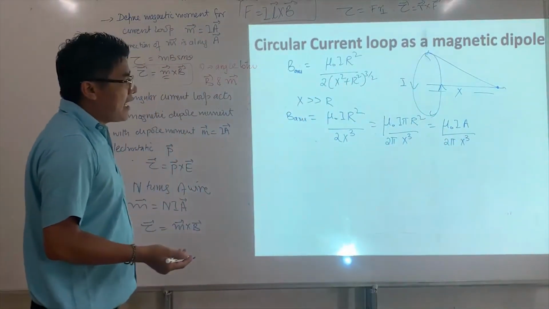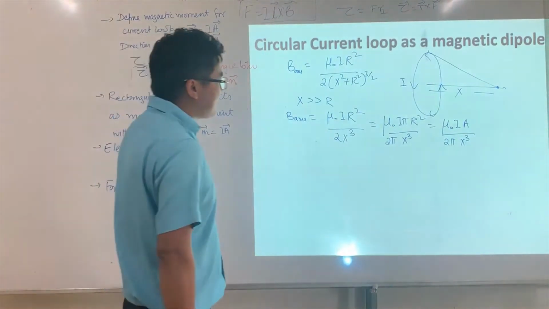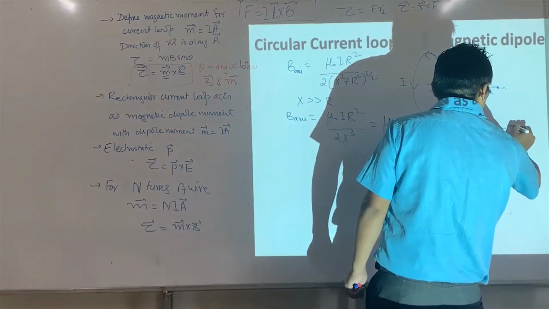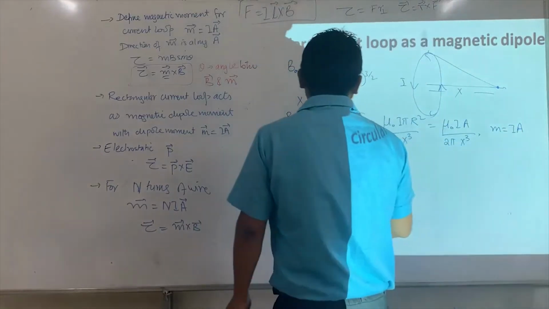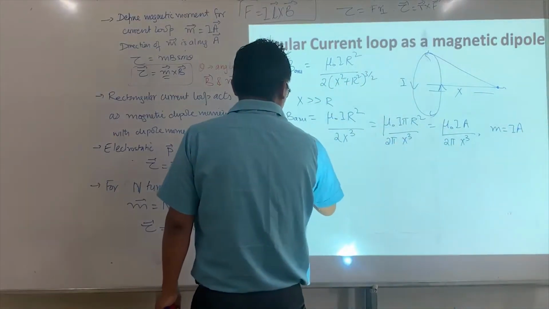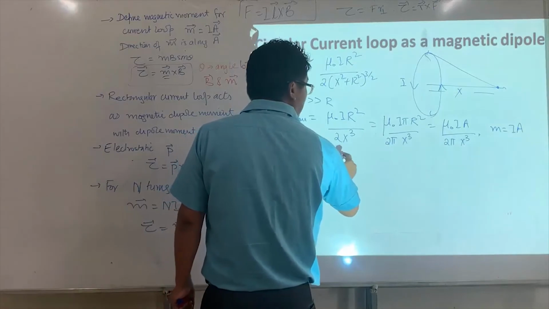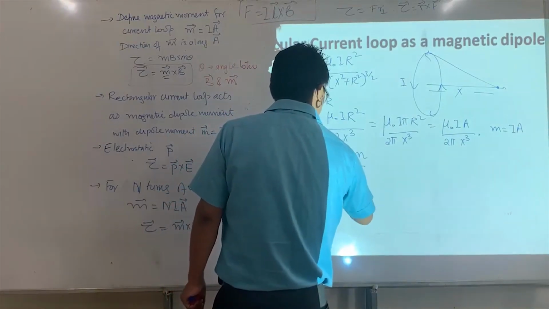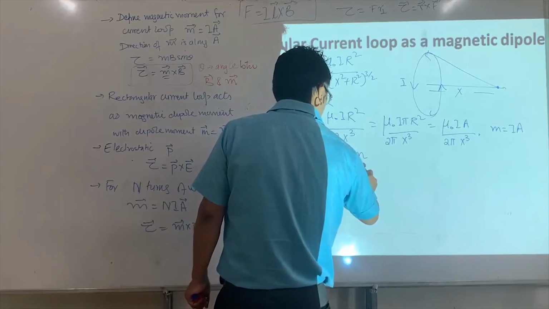What is IA? IA is the magnetic moment M. Therefore the magnetic field along the axis would be mu naught M divided by 2 pi x cube.